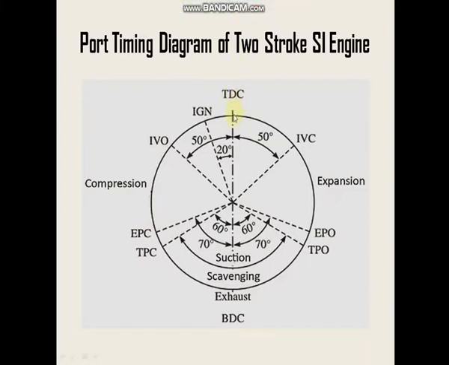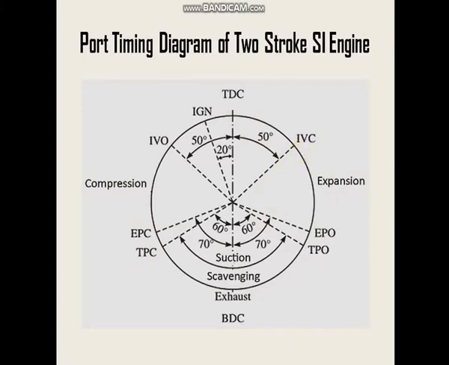So now the second stroke, that is the downward stroke, when the piston is moving from the top dead center towards the bottom dead center. In this stroke, first, 50 degrees after TDC, the inlet valve, which is placed at the crankcase, will be closed.